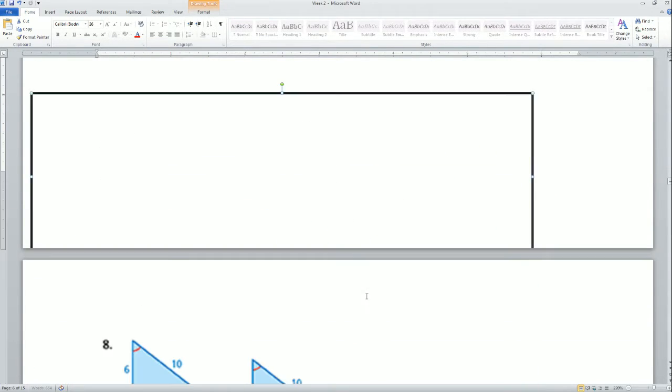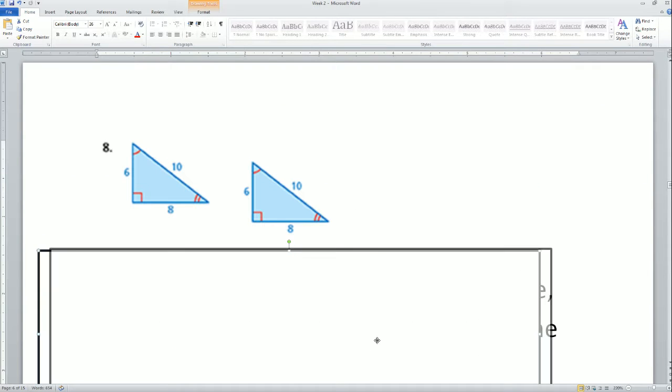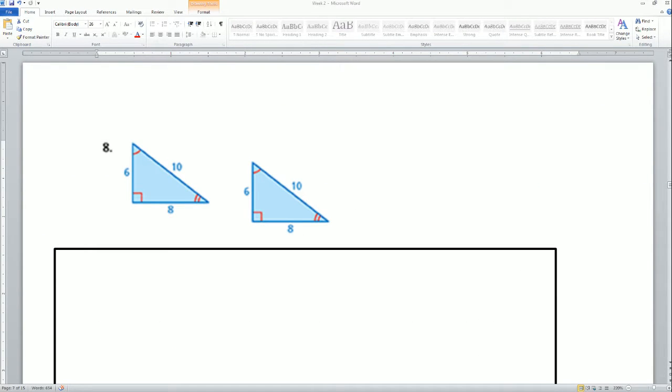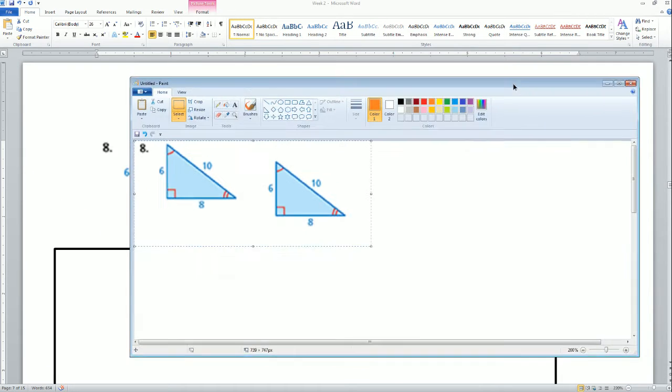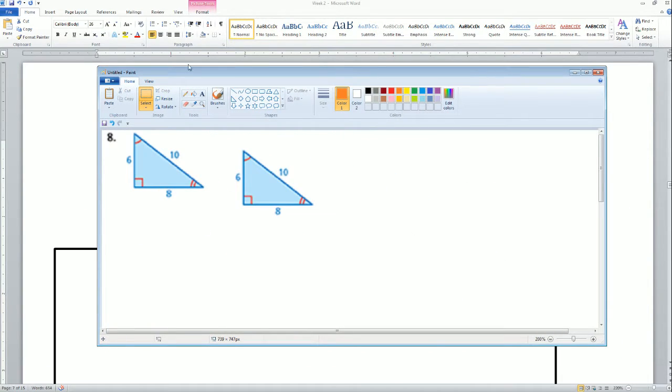Next. 8. 8 asks us to tell whether the figures are congruent. So let's look at this. Let's grab this image. There you go. So let's match up the values.